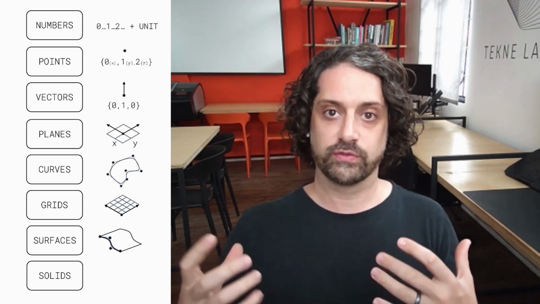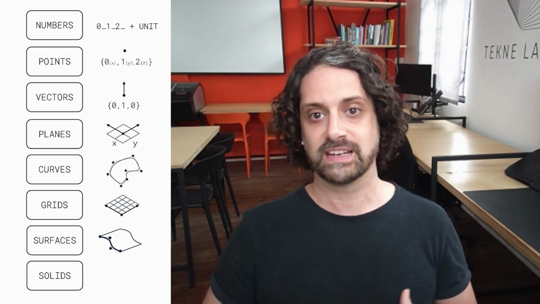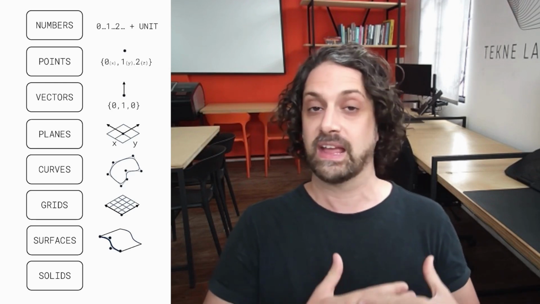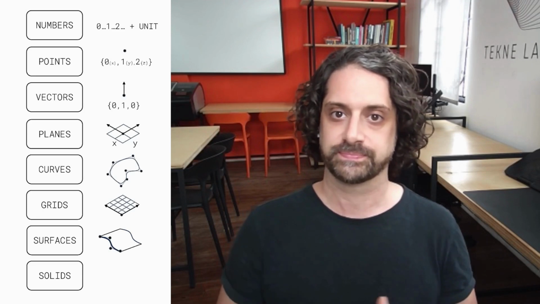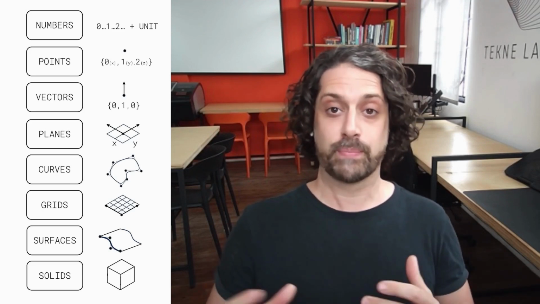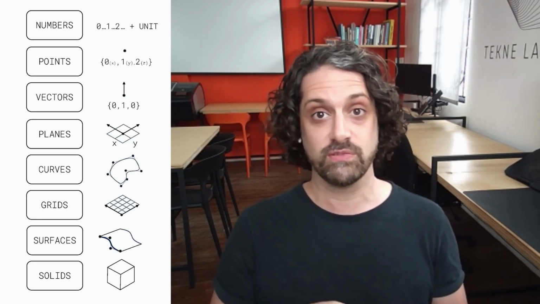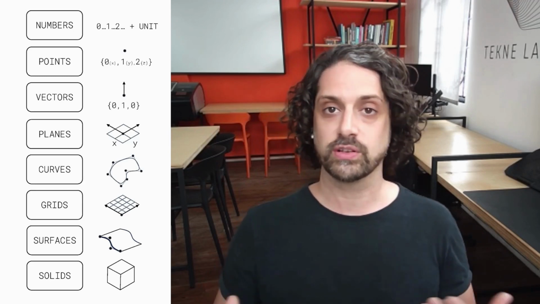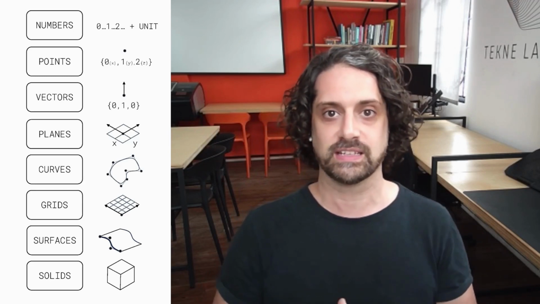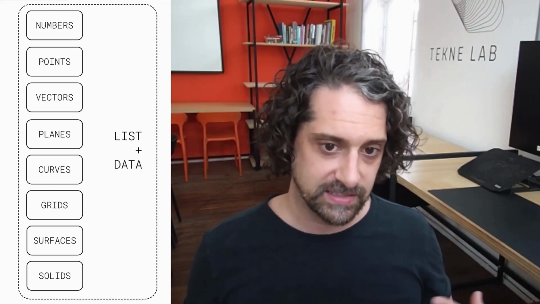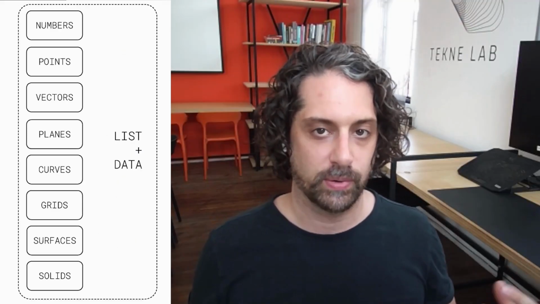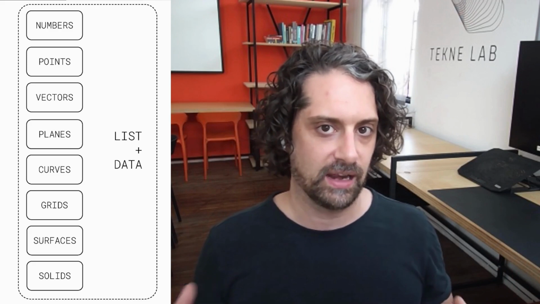Surfaces are made up of 2 or more curves or corner points and define a coordinate system over a curved or flat boundary. Solids, also referred to as boundary representations or BREPs in Grasshopper, are volumetric objects with 3 dimensions. And our lists and data systems are how Grasshopper organizes all of our other elements.